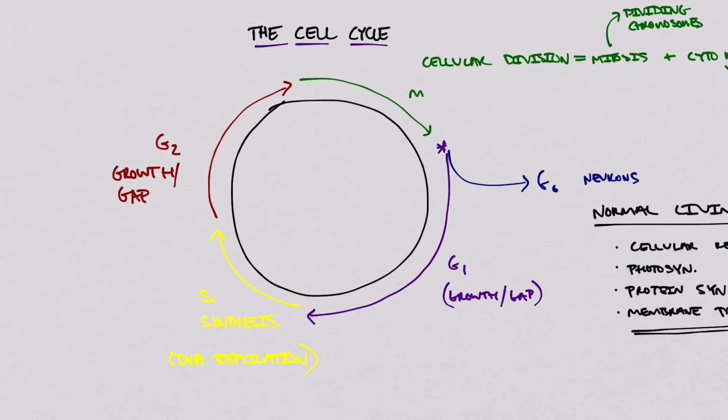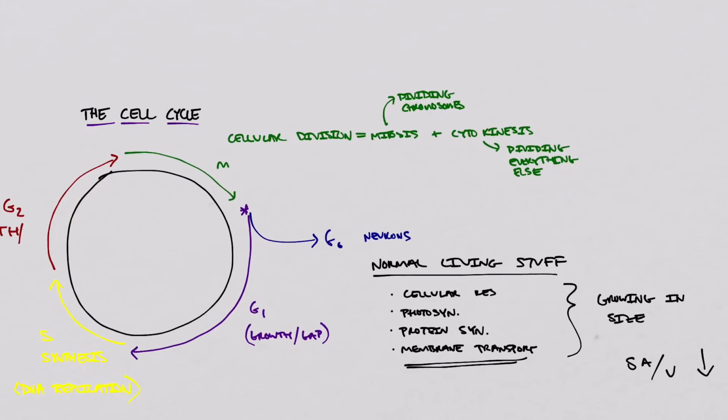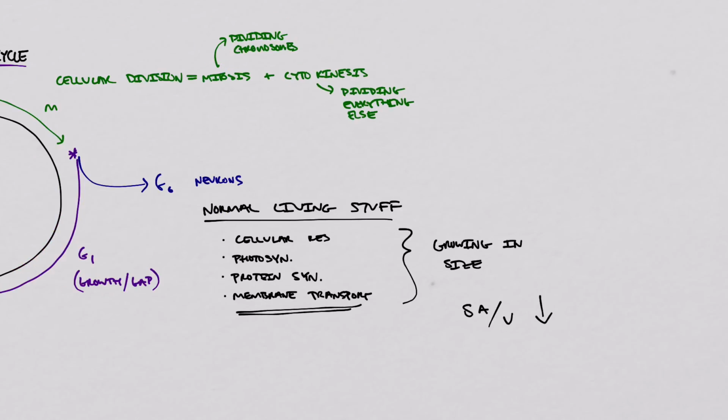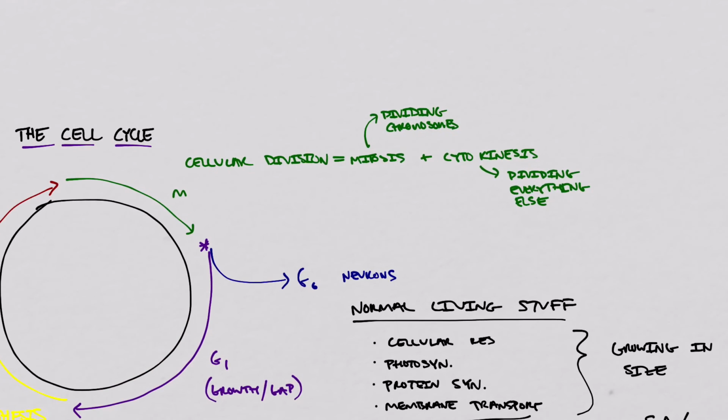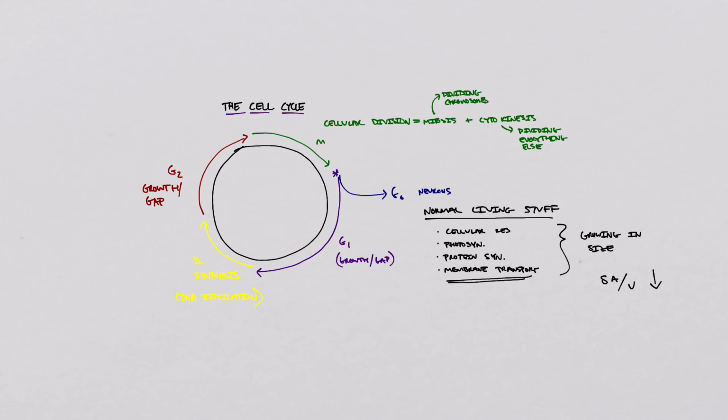Okay, so, I wanted to stress that during the M phase, this surface area to volume ratio bit, once the cell divides again, the surface area to volume ratio is restored. And this whole process allows for the resetting of surface area to volume ratio, number one, the growth of an organism.